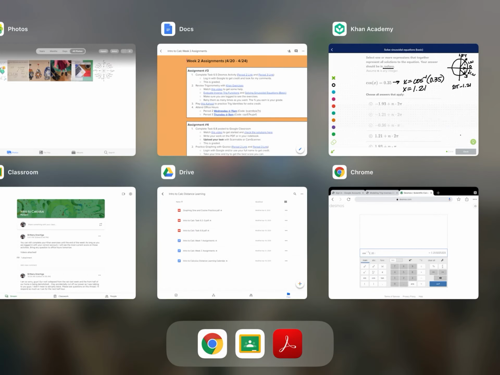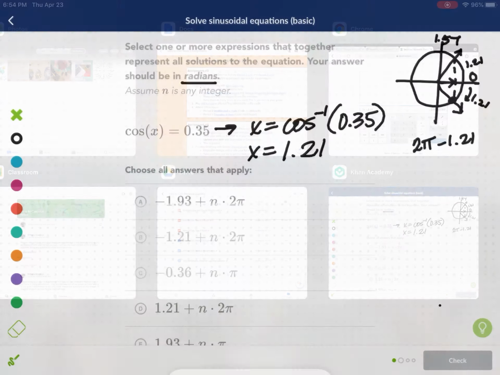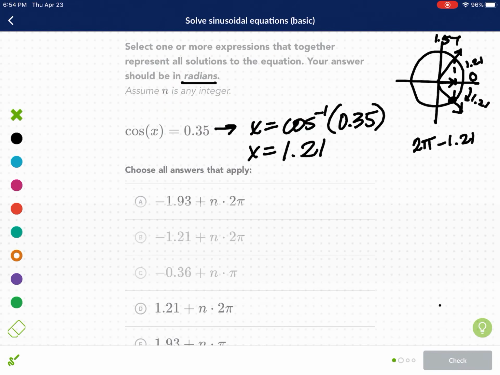So what is this bottom angle? 2 pi minus 1.21. It's 5.07. So that bottom angle there is, I'm going to put that in color so you can see it, 5.07 radians, and this top one is 1.21 radians.